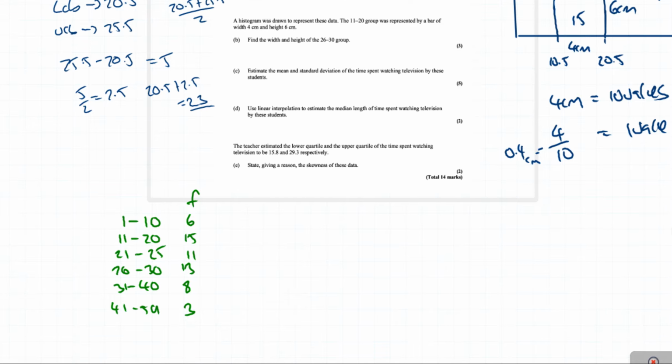And then we've got the midpoints. The key thing here is actually I wouldn't put the midpoints in first, I'd put in the lower class bounds and the upper class bounds.